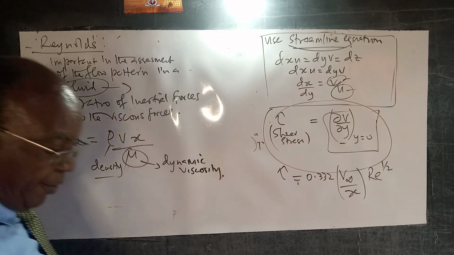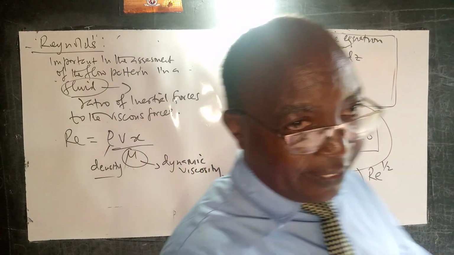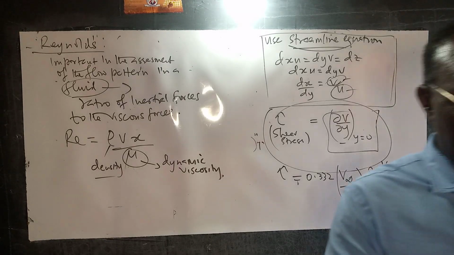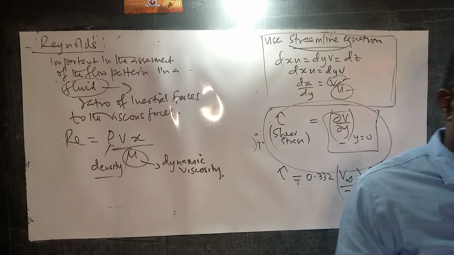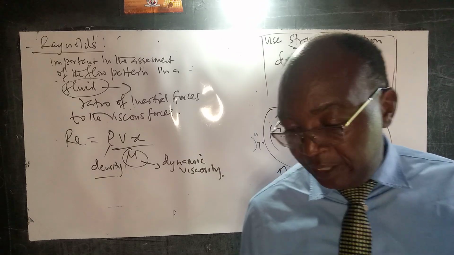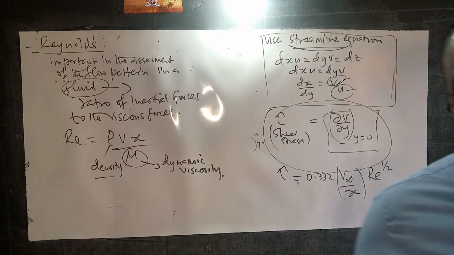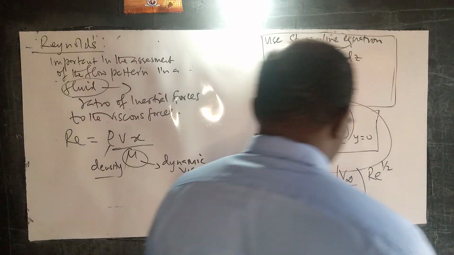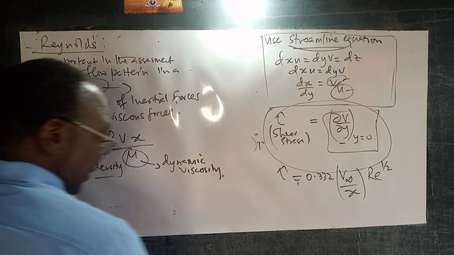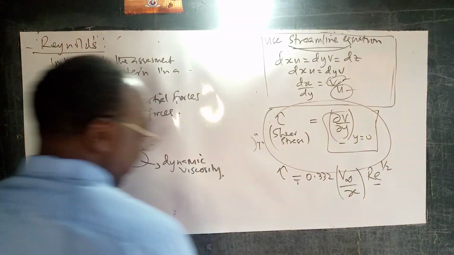So it gives you a ratio of the inertial and viscous forces involved in that particular fluid, whatever the movements are in the fluid dynamics. So it tells you about the flow pattern, and that is Reynolds number.